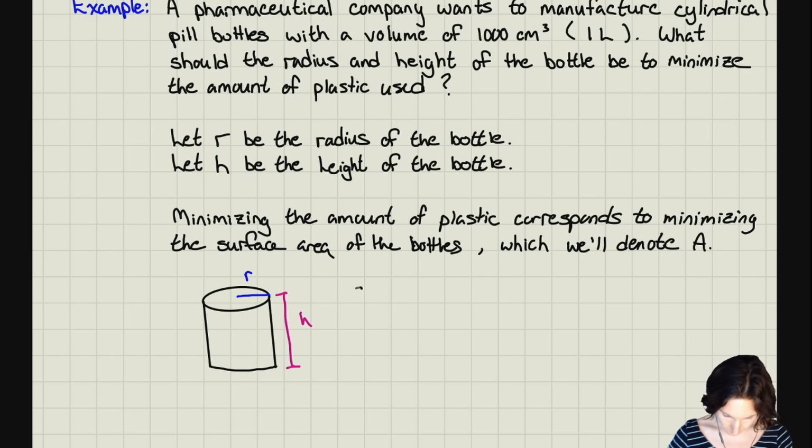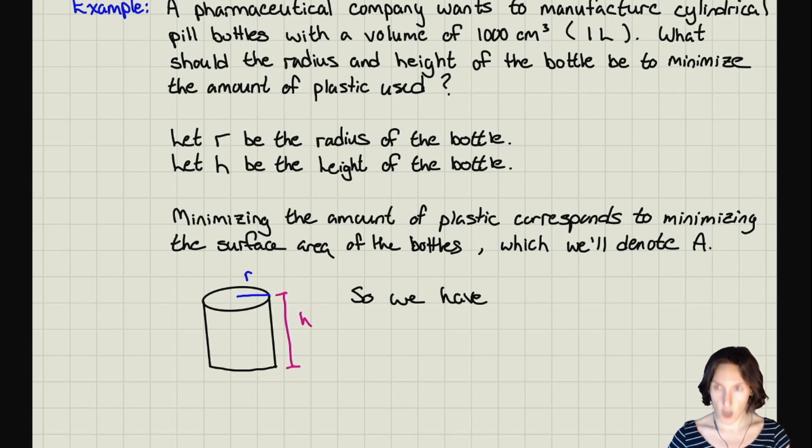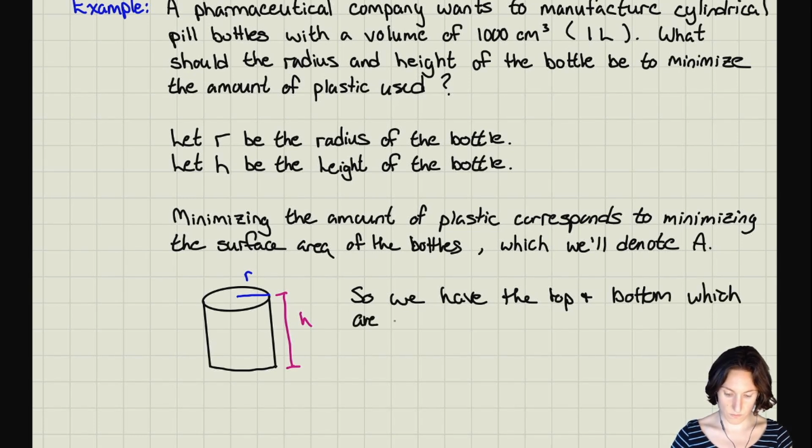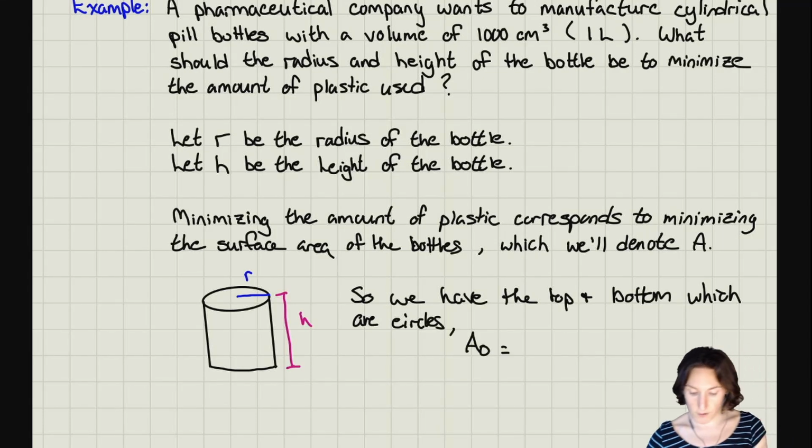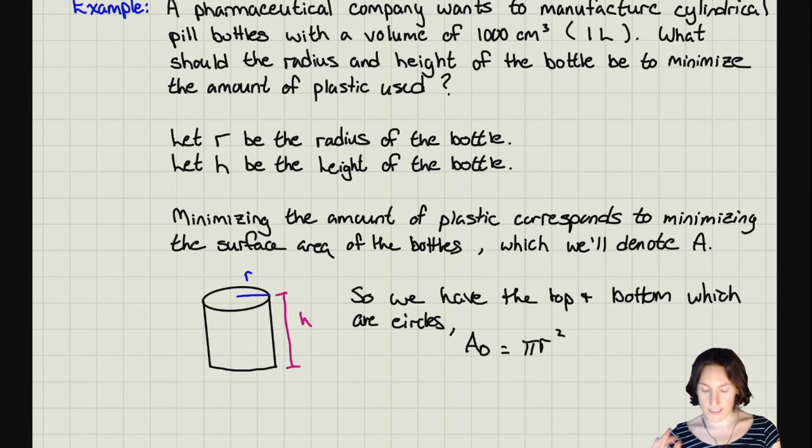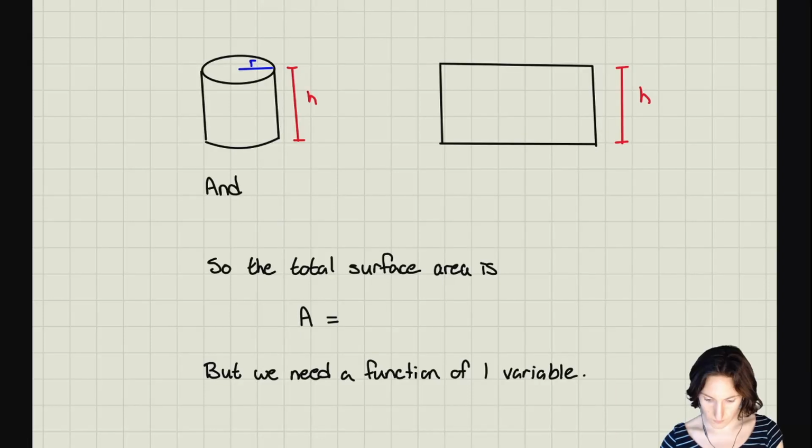Okay, so we have the top and bottom, which are circles. Okay, and we know what the area of a circle is. The area of a circle is equal to pi r squared. And the sides of the pill bottle, now if you look at a cylinder and if you were to cut it and unravel it, right?